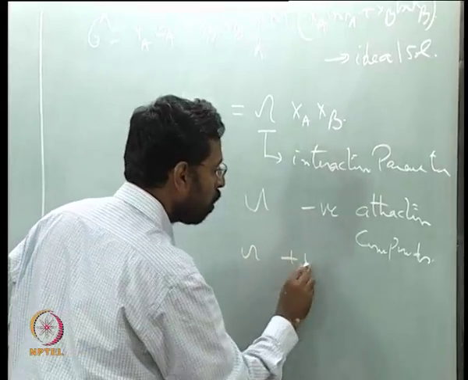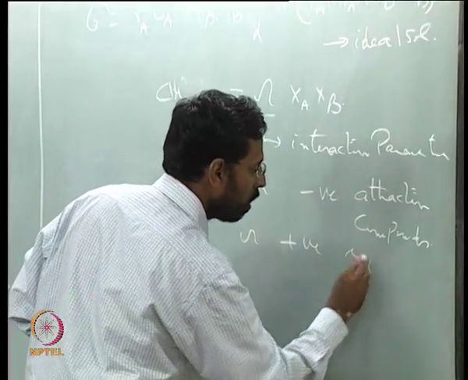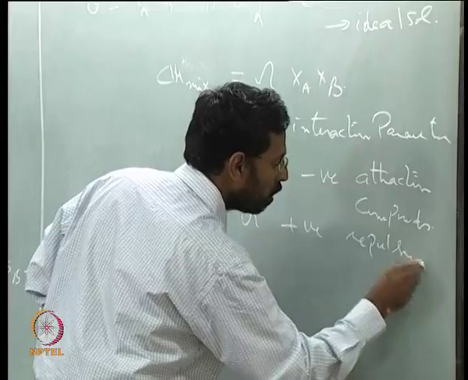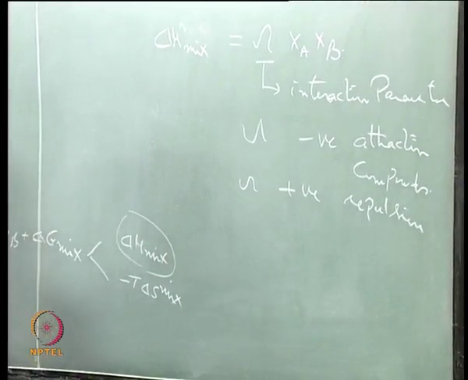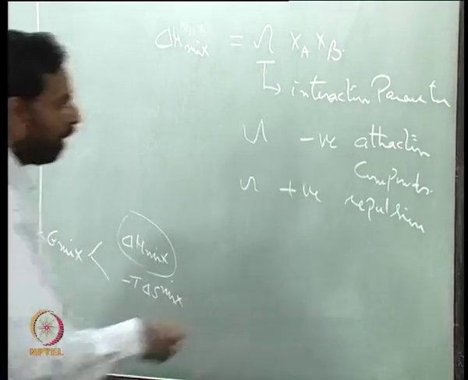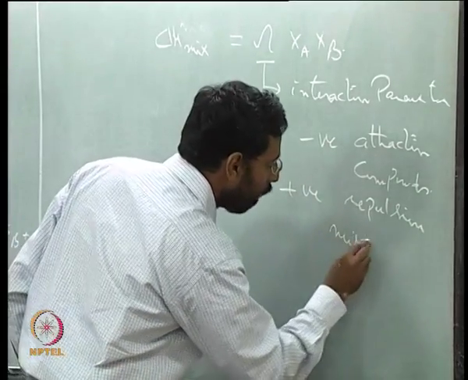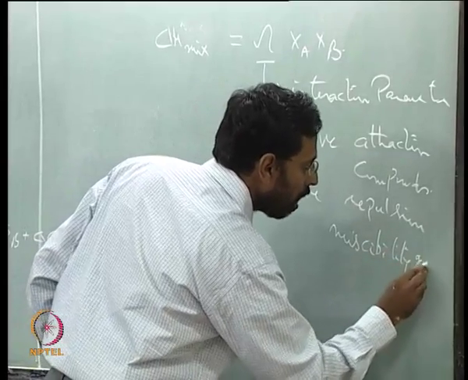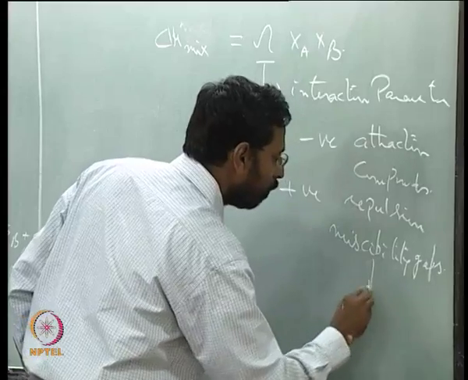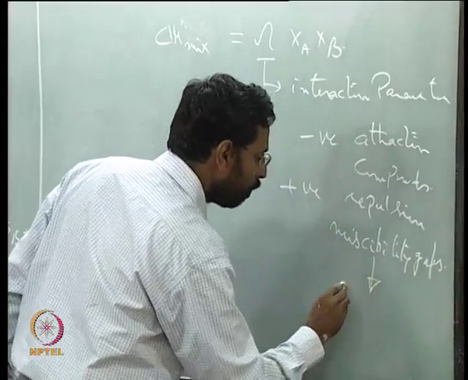Omega positive means repulsion. Repulsion means what is called immiscibility, or I can call it miscibility gaps, which finally ends up in phase separation.